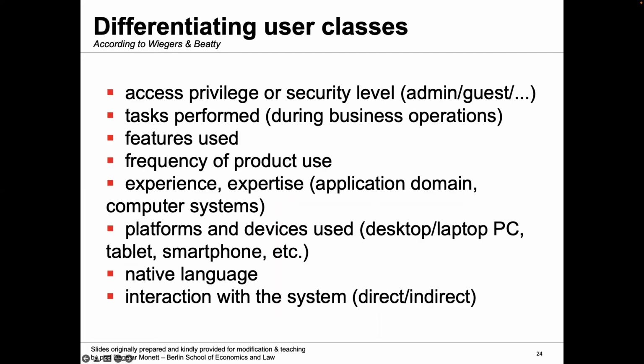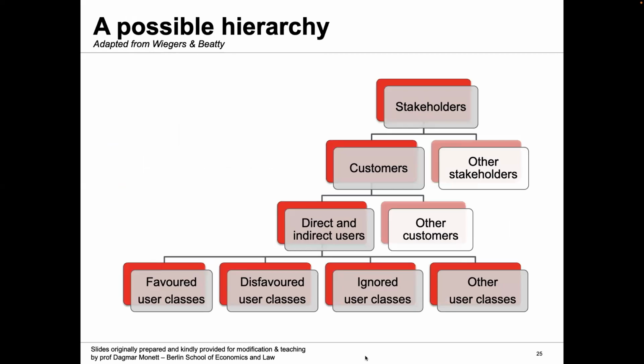All right, I think I should move on to my next slide. This slide gives you a possible hierarchy: at what importance level should we focus on which user class.